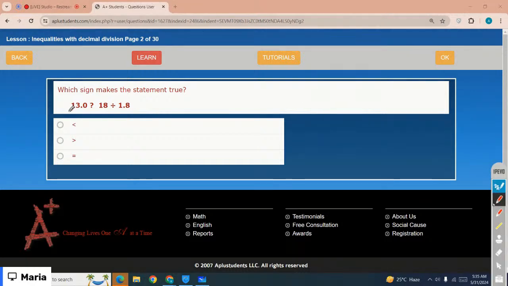You don't have to do anything with this side. Now 18 divided by 1.8. When you remove the decimal, that would be 180 divided by 18. So 180 divided by 18 is 10. That means 13 is greater than 10. The correct option is greater.